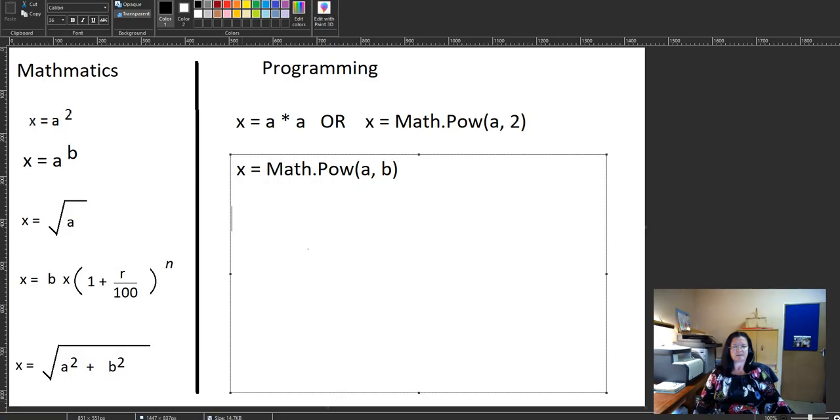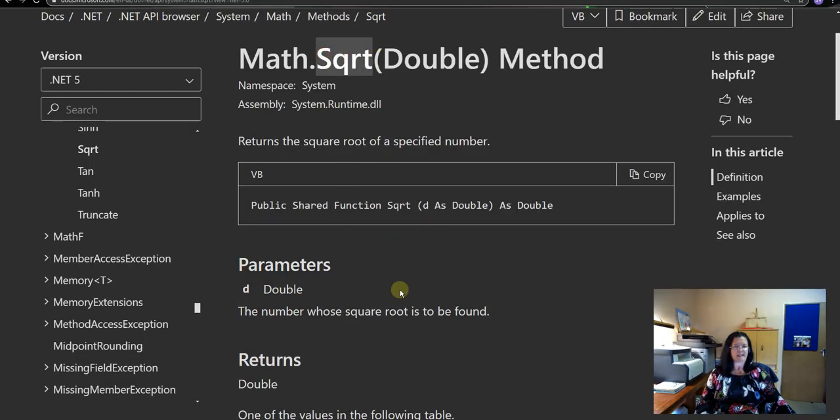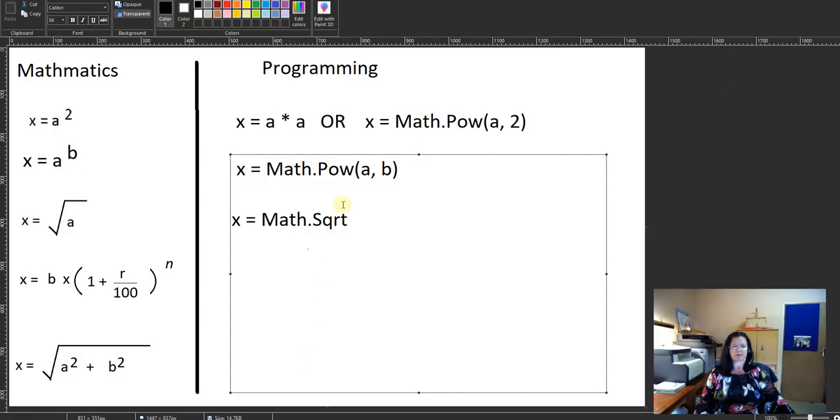So that means if I go back, my formula in mathematics will be math.squareroot. I need to have that name exactly right. And when I write the programming code, Visual Basic will help me. Get the square root of a.